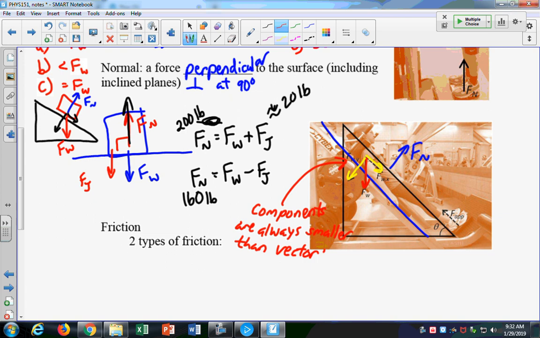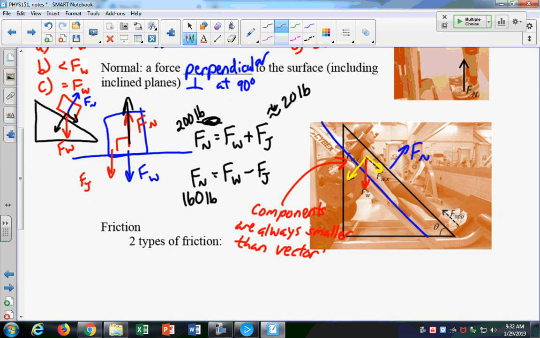So, I want you to notice here that I have one force that's in this direction. That's a component of the force weight. Is there a force that's in the opposite direction? And what is it? There is a force, but what is it? In this free body diagram, where I've drawn all the vectors, which force is opposite in direction to this force?